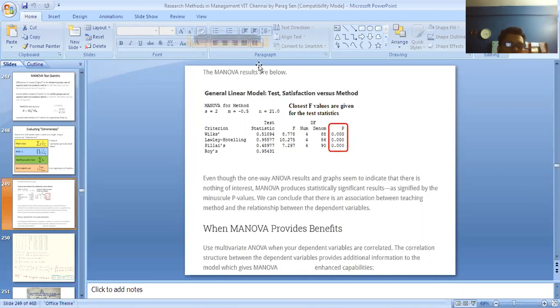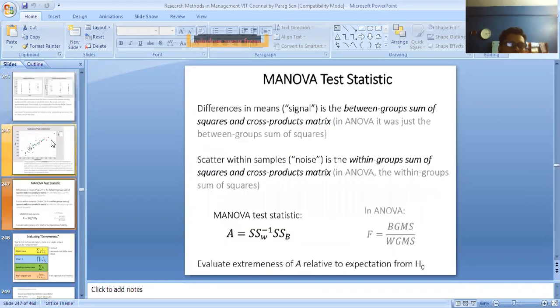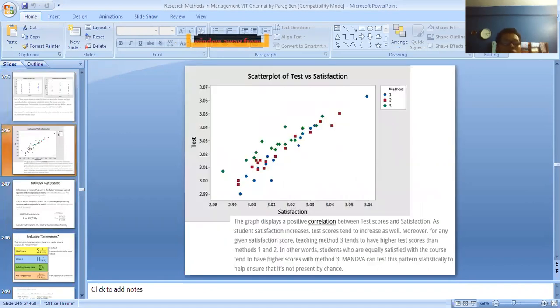Just like you can see in the previous example, the two dependent variables, satisfaction and test scores, had a relationship between them.